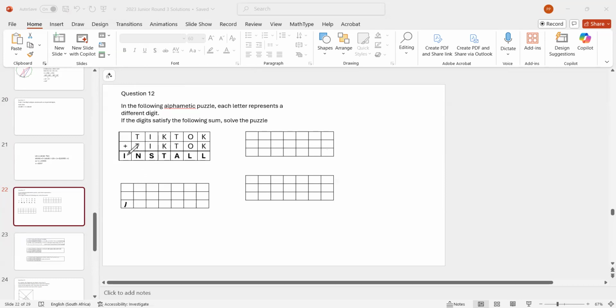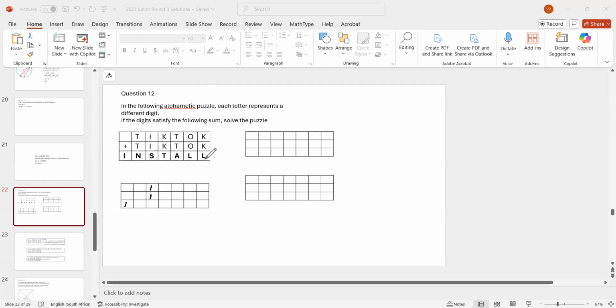You can't have 2 or more, because two single digits cannot be more than 20. So I is 1. I'm going to put a 1 here, since I occupies the third place. So there's a 1, and there's a 1. Now don't write down 2 here. It could very well be 3 if I'm carrying over something. All right, that takes care of that. Now here you have K plus K.